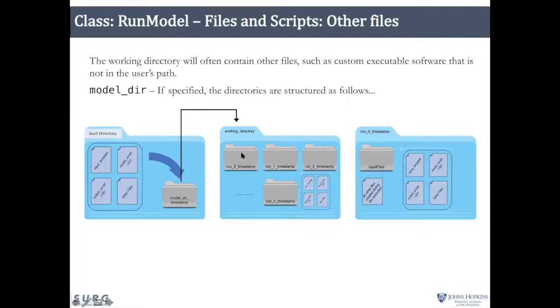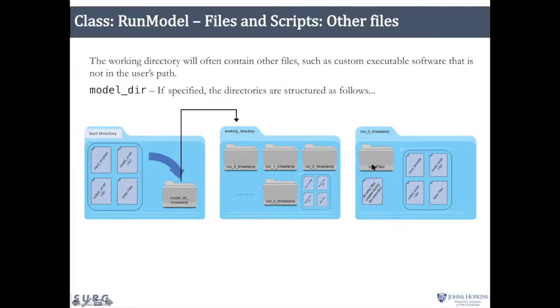For example, if an Abaqus model is executed, it generates several files during execution. We don't want the working directory to be cluttered with all the files, so a separate folder is created for each run of the model. If we see the structure inside any of these directories, any files created during the execution are present here.